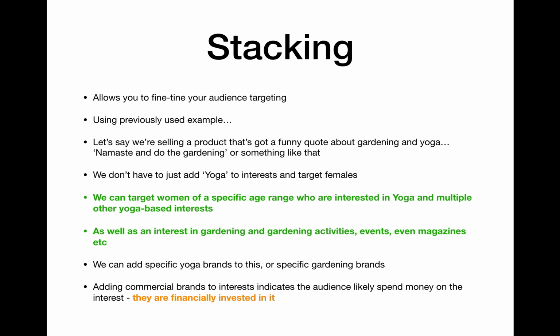Basically, if you add brands to the targeting, you're most likely narrowing that audience down to people who have purchased from a brand. And if that brand is in a specific niche, then that indicates to us that this person has likely spent money in this niche and is very likely to do it again in future. So those are the people you want to target.